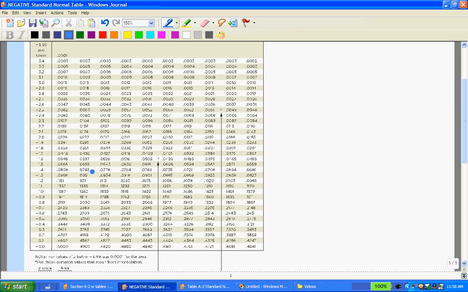Somewhere in here, we have 0.0808, which is very close, or 0.0793, which is also very close. So you probably could go with either of these values. They're almost the same distance away from 0.08.